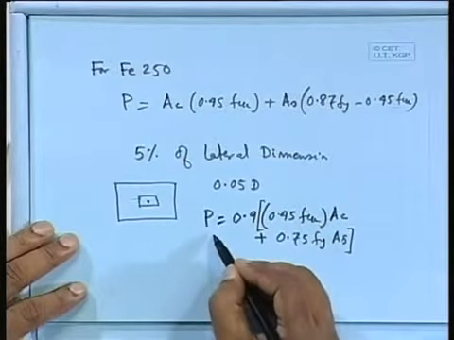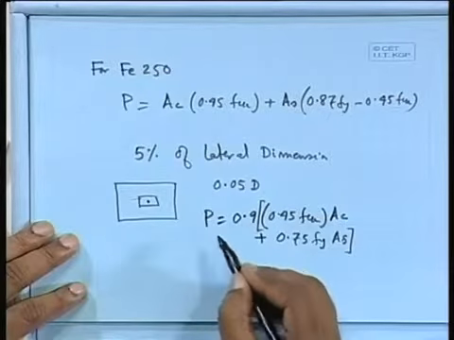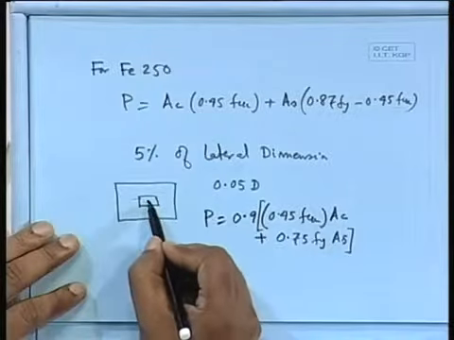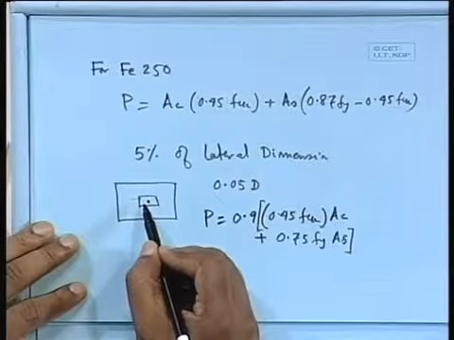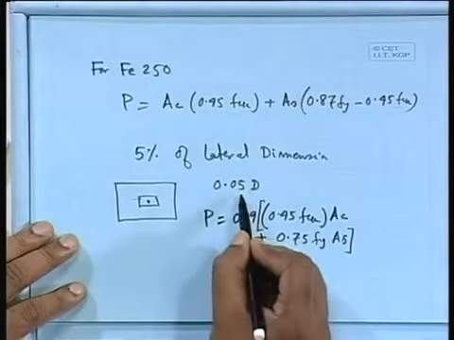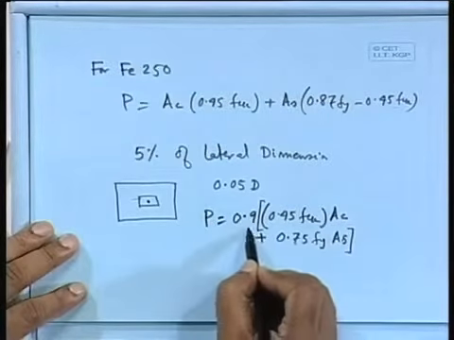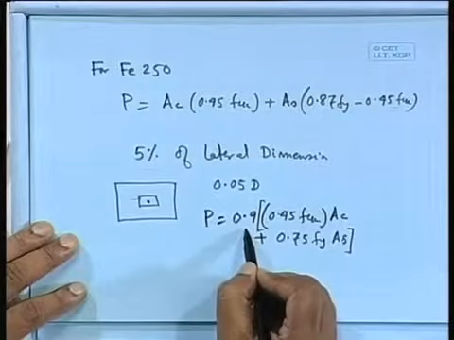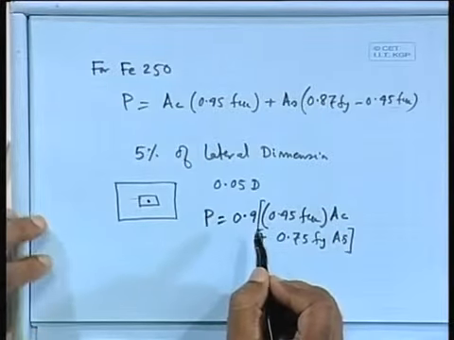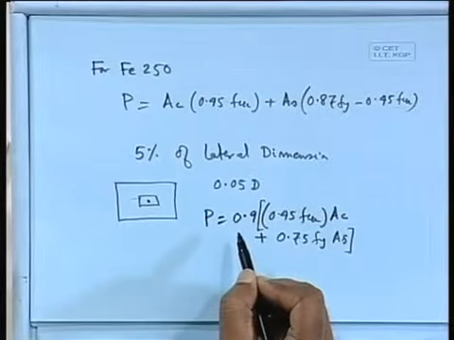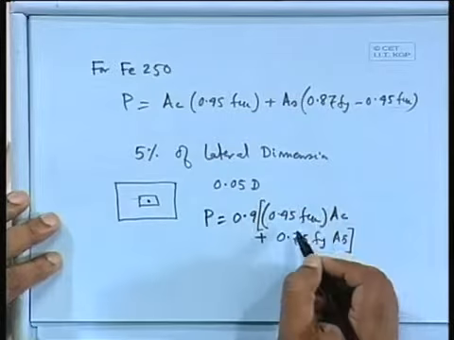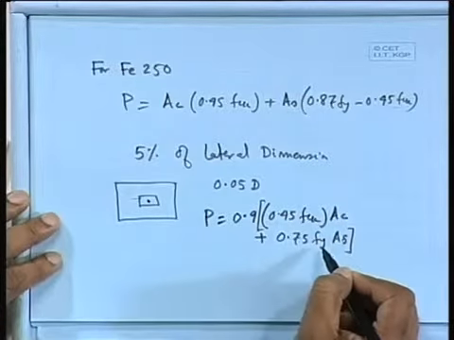We shall take it as the allowable one, because we shall not be able to construct it without any eccentricity. Even if we know it goes maximum 5%, we are reducing this value. If we provide a section with reinforcement on the basis of the maximum allowable load that we can compute, whatever value you have computed, you take 90% of that.